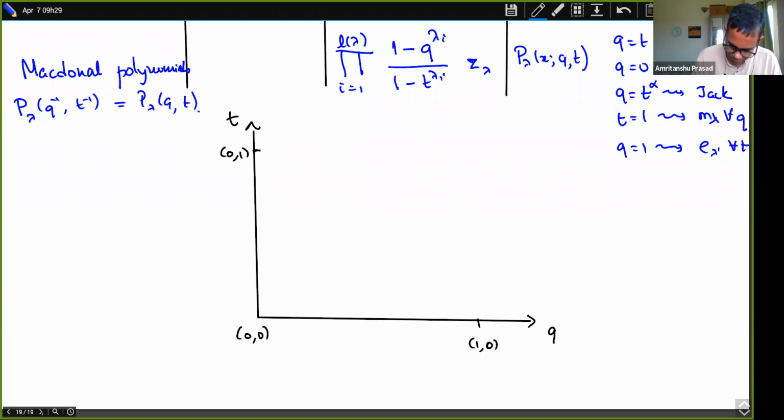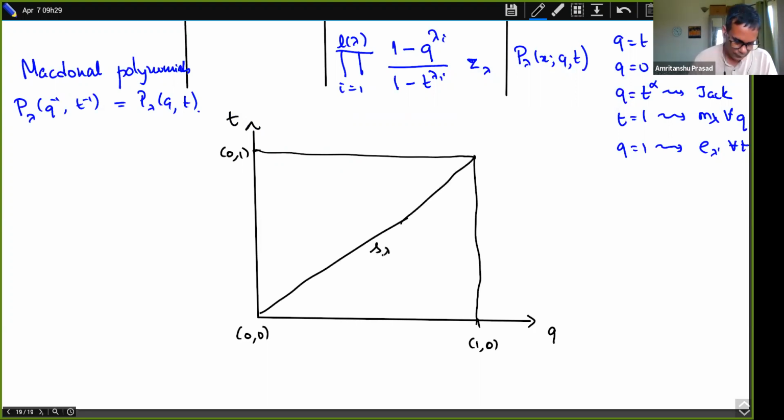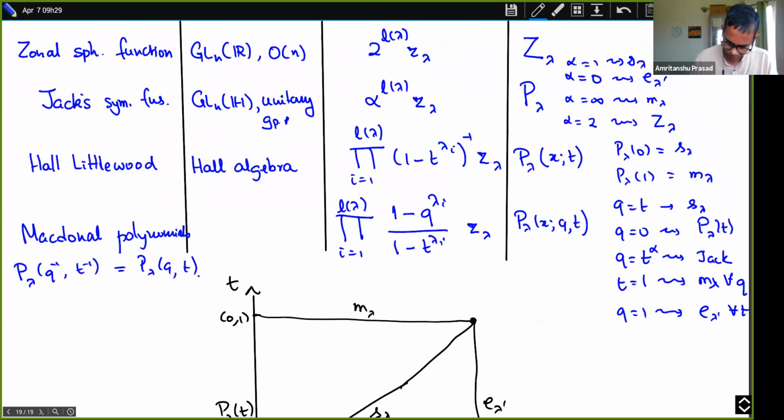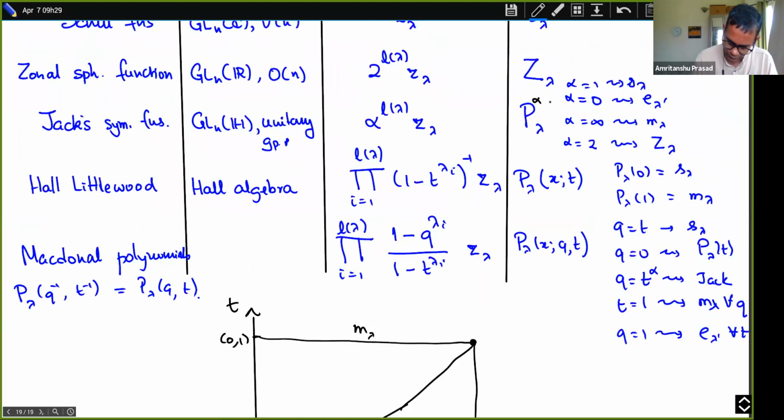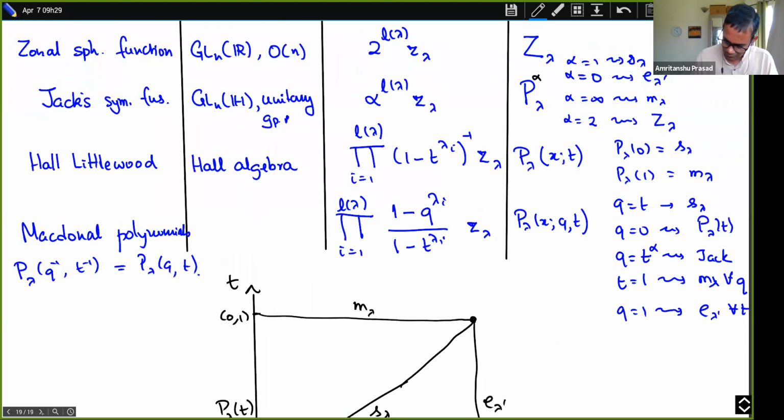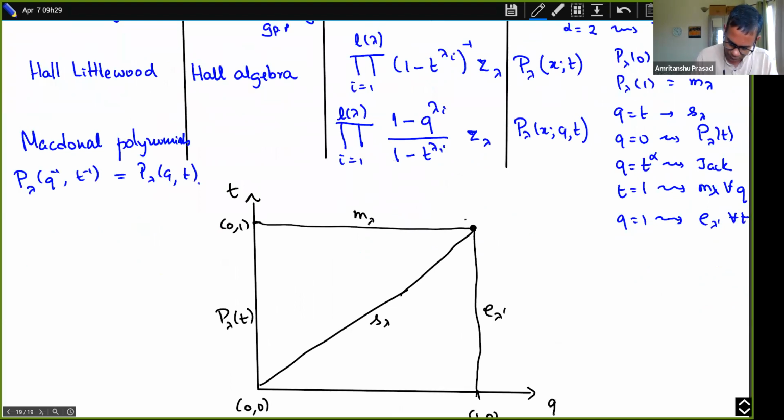And along this you have S lambda, out here you have P lambda T, out here you have M lambda, out here you have E lambda prime, and over here in different directions you get the P lambda alphas. So maybe I should put an alpha here. You can get the P lambda alphas infinitesimally from here.